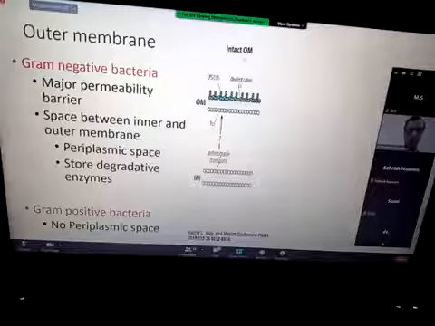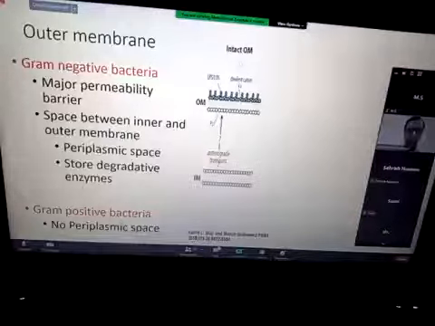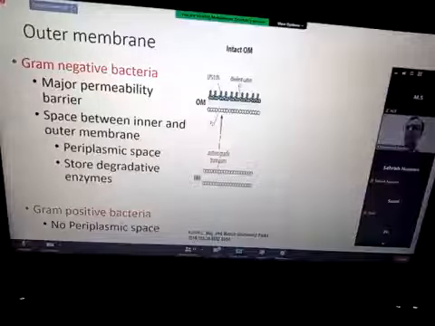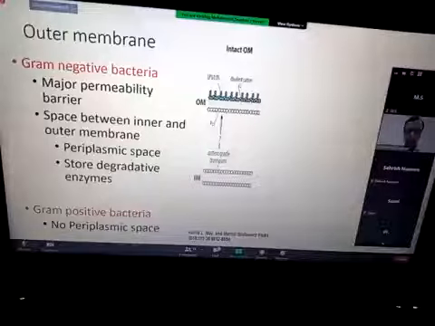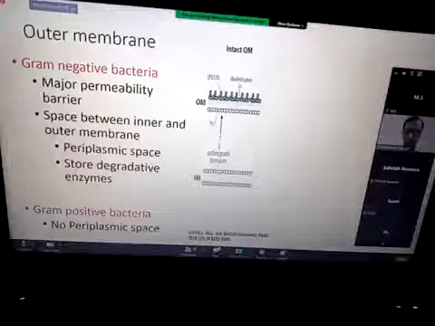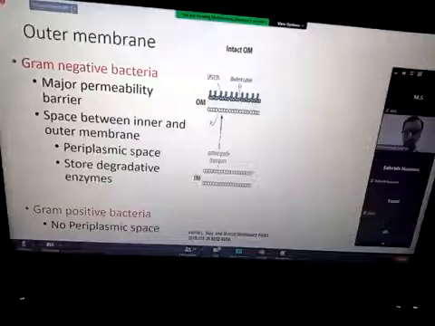But in gram-negatives, the intact outer membrane is a major permeability barrier for nutrients, for antibiotics, for other factors. It is very important, with this divalent cation and these hydrophobic and hydrophilic structures.